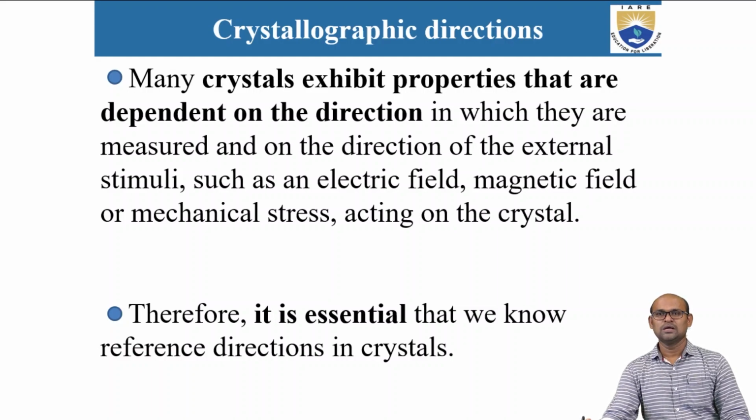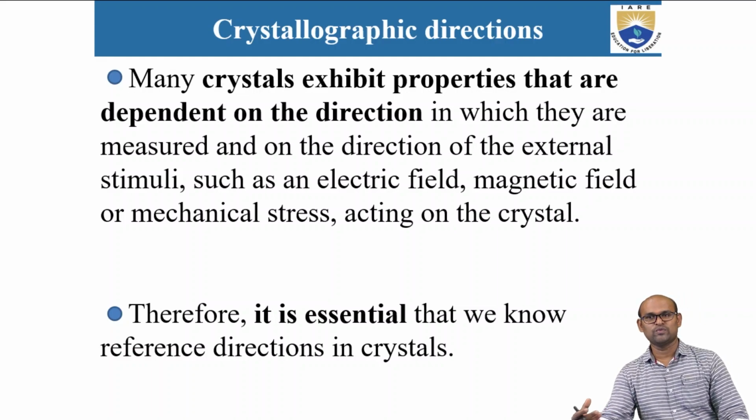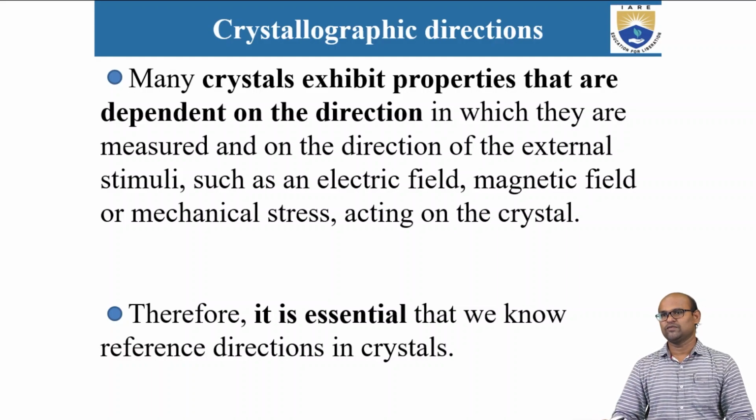To understand that, we need to look at the directions, because you can apply an external stimulus. For example, you want to apply an electric field and look at the properties of the crystals. So you have to know along which direction I am applying the electric field. Or if you want to apply a magnetic field to a certain crystal and look at the properties, the phase transitions, how the crystal is changing, the mechanical properties, and so forth.